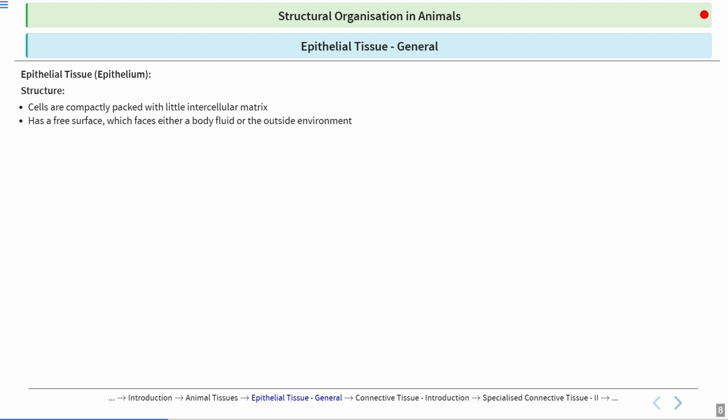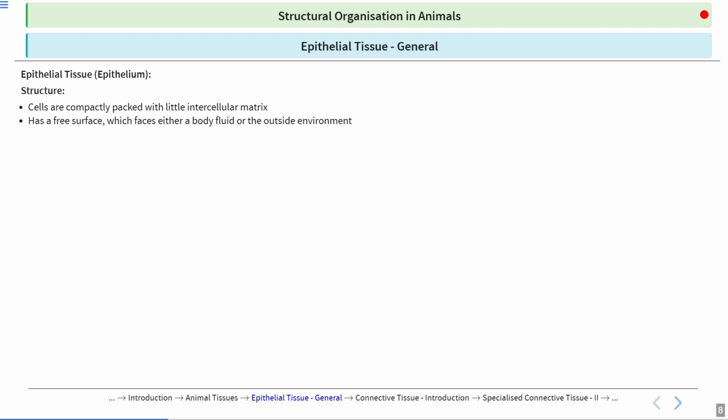They have a free surface facing either a body fluid or the outside environment. Your skin is also a type of epithelial tissue. That is facing the outside environment, right? Our skin is made up of epithelial tissue only, and your skin is facing what? The environment. So epithelial tissue can face the environment. And even when it is present inside our body, think about your alimentary canal, your mouth, then pharynx, esophagus, stomach.